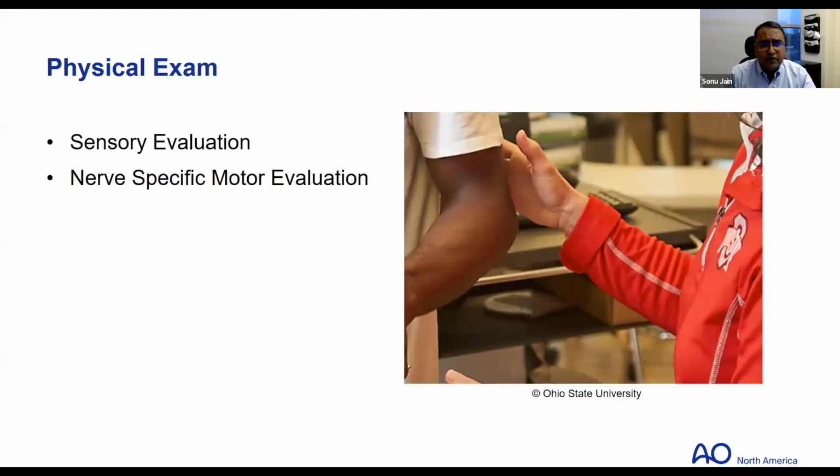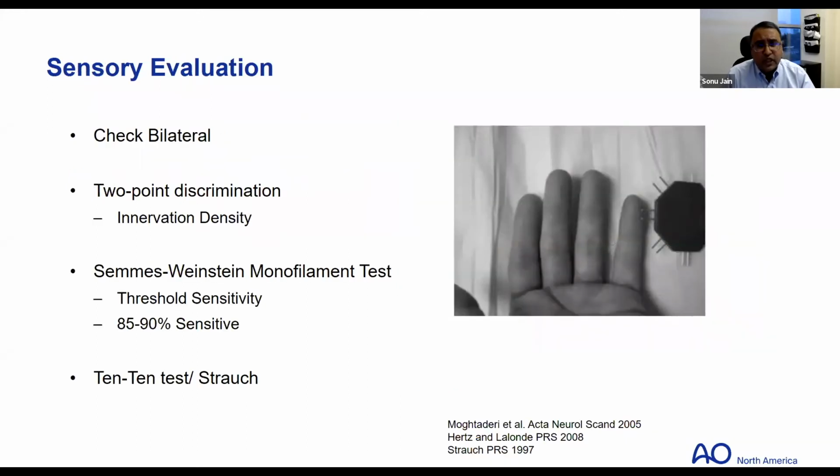So physical examination, you want to have a sensory evaluation and nerve-specific motor examination. So check the nerves bilaterally, check both hands, use two-point discrimination to check the innervation density. You can use Semmes-Weinstein monofilament testing as well to get threshold sensitivity, and that's pretty sensitive.